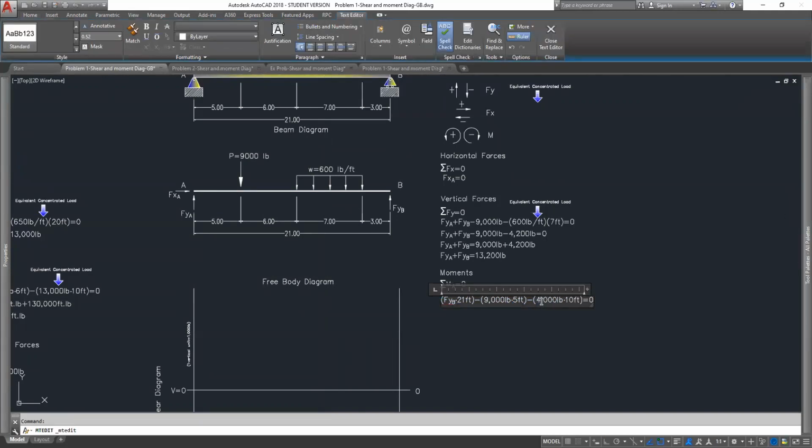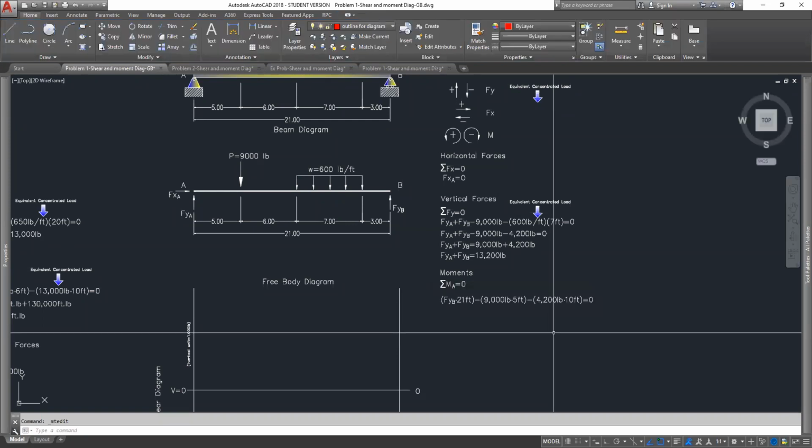I think that was, now is that correct? First we got to do the value, correct? The magnitude of the force, correct? Yes. So we knew that the magnitude of that force was 4,200 pounds.